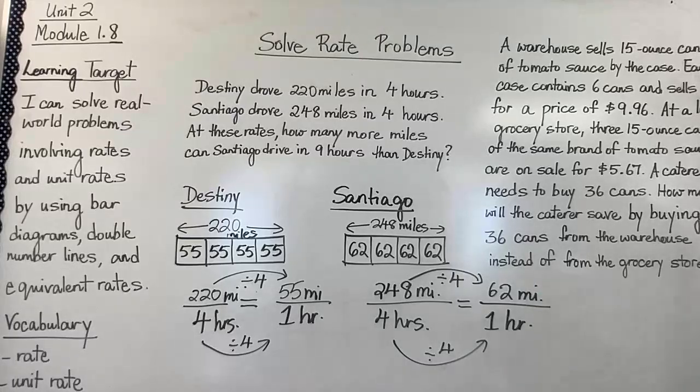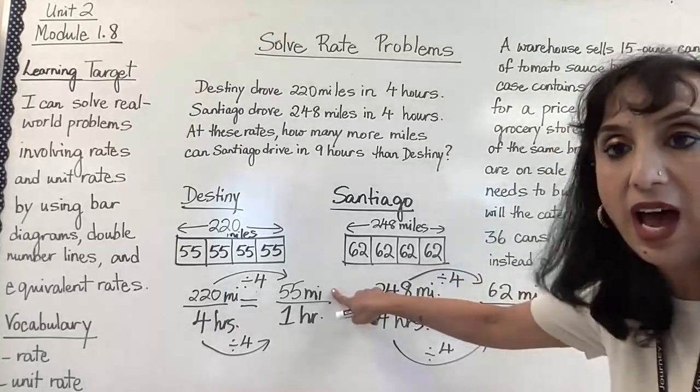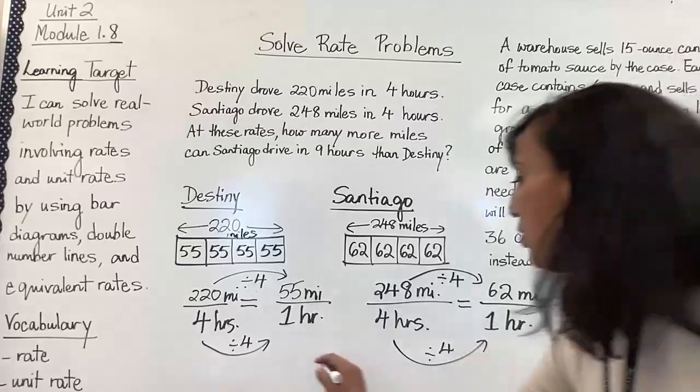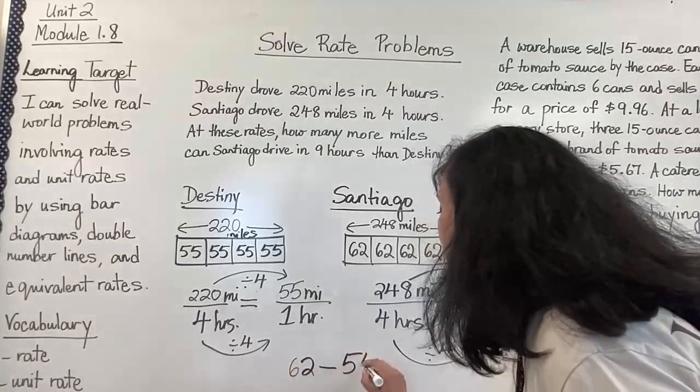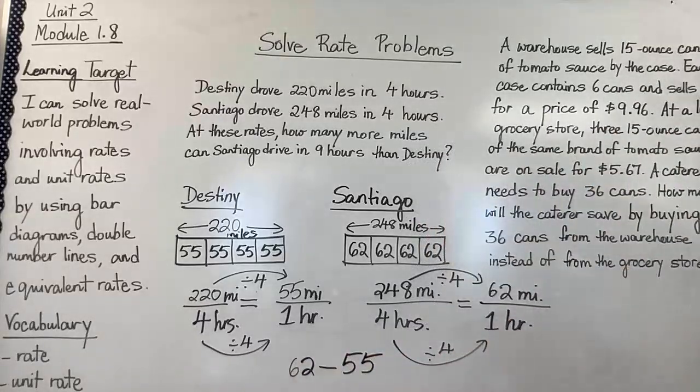All right. So now that I have this much, we are going to see each hour Santiago can drive, because he has 62 and he has 55, right? So I'm going to do 62 minus 55 because that's how much faster he is going, right? So 7 miles more.